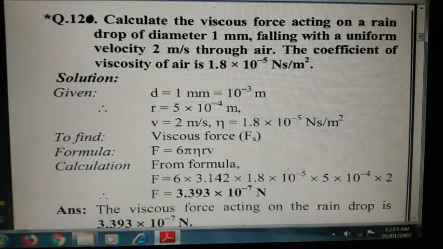When we multiply all these terms, we get F equal to 3.393 into 10 to the power minus 7 Newton. So the viscous force acting on the raindrop is 3.393 into 10 to the power minus 7 Newton. This is our answer.